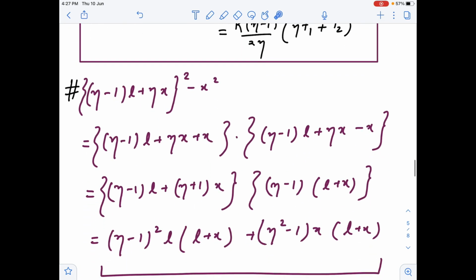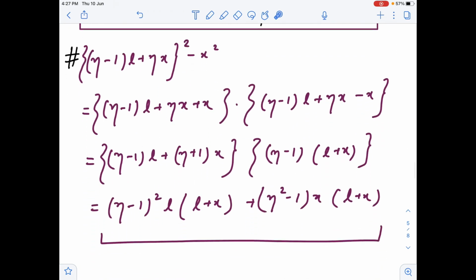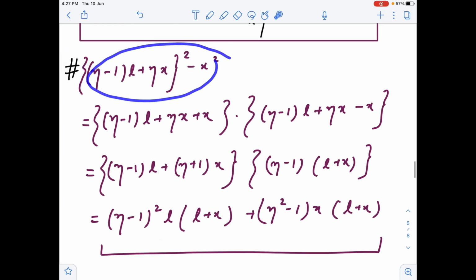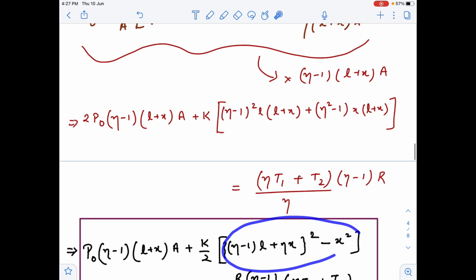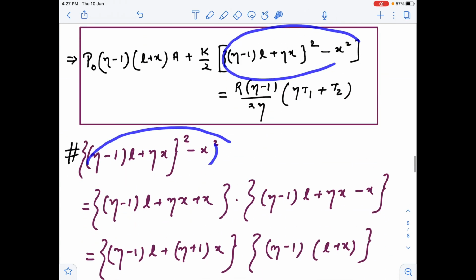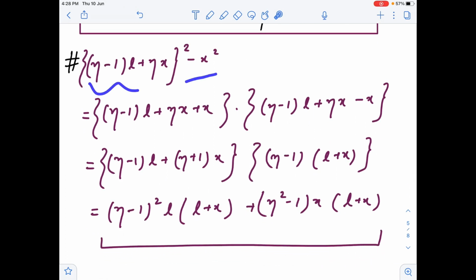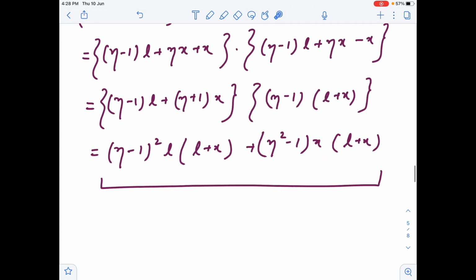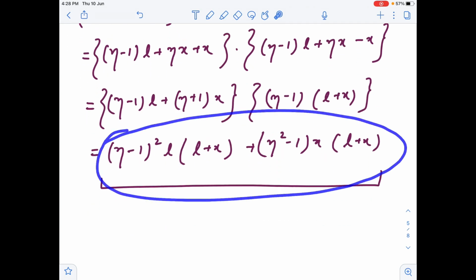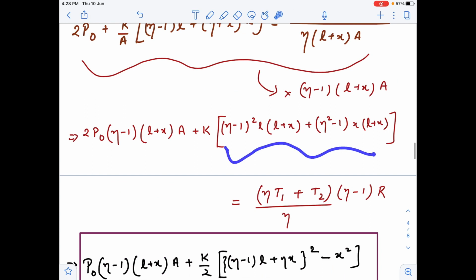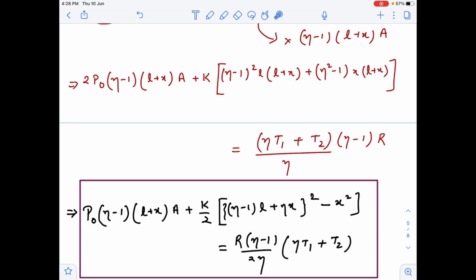With the hash symbol I have tried to show you that these two terms are the same. So eta minus 1 L plus eta x whole squared minus x squared, just use the formula of a squared minus b squared, a plus b times a minus b, and we get this one, which totally matches with this part. So we can write this term as this one.